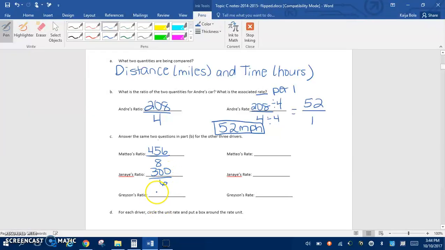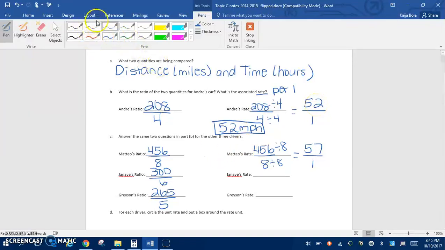And then Grayson finally we have 265 to 5. Alright, and those all came from the table. So now for the rate, we're going to rewrite them all. So 456 over 8. And now we're looking to get to 1 hour on the bottom. So that means we're going to divide by 8 here and on the top as well. So we get 57 over 1.